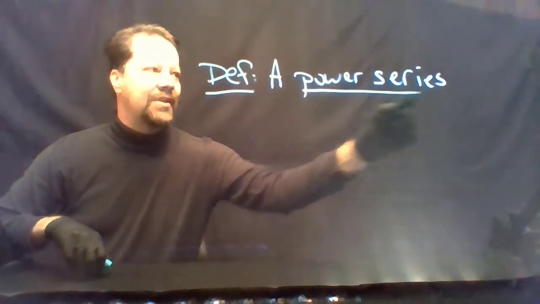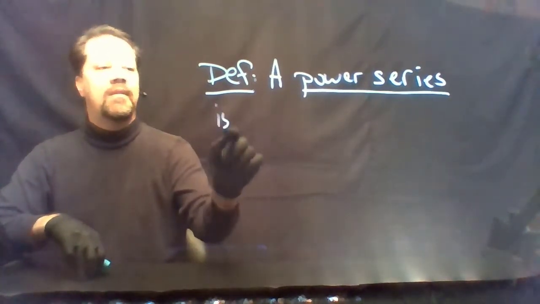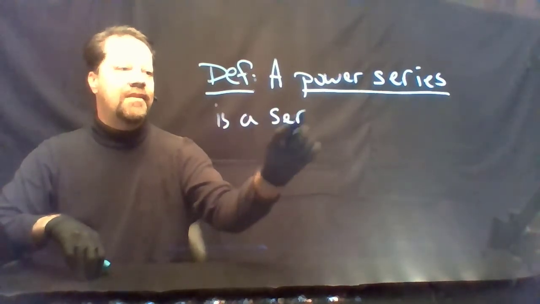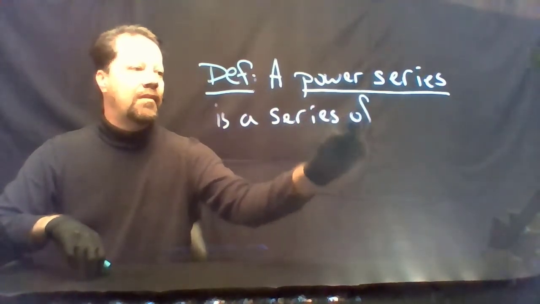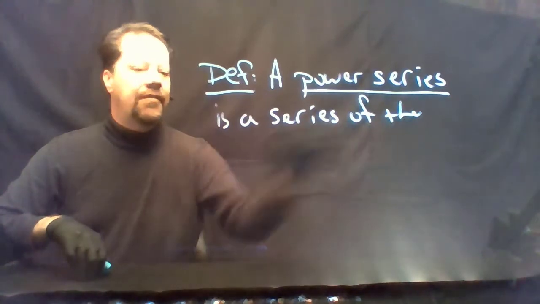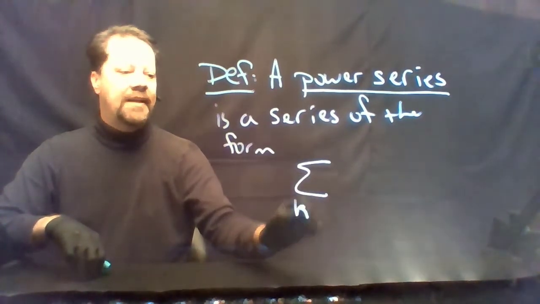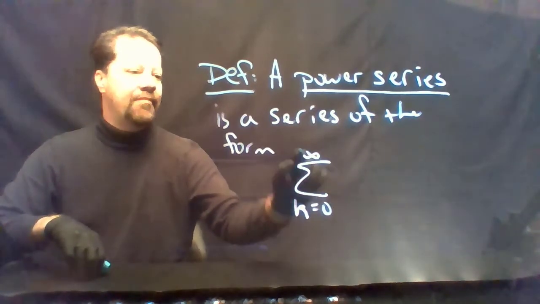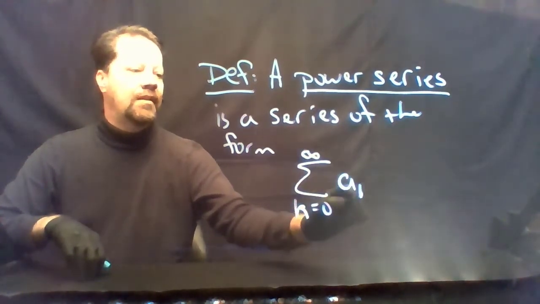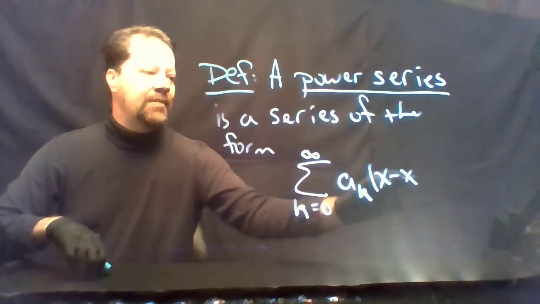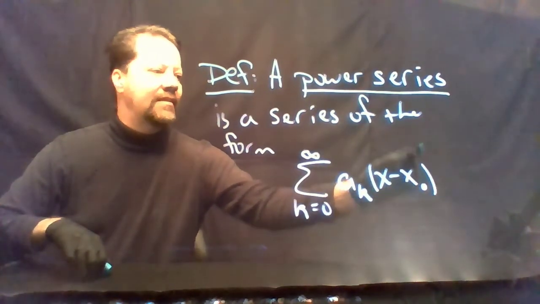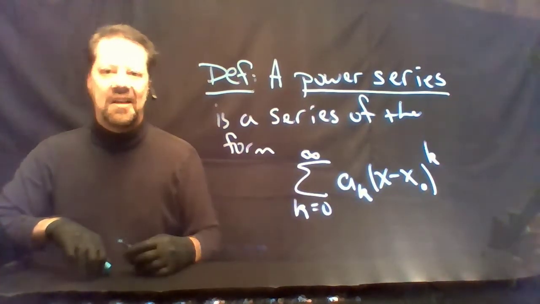A power series is a series of the form the sum as k goes from 0 to infinity of a sub k times x minus x naught to the power k.